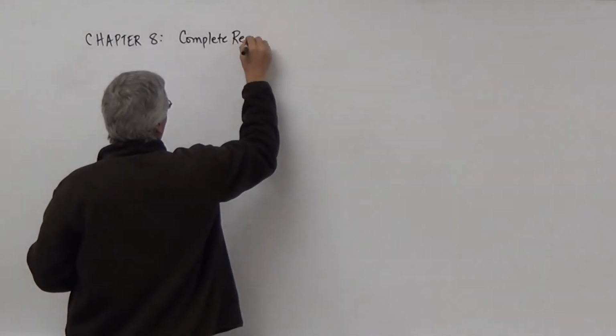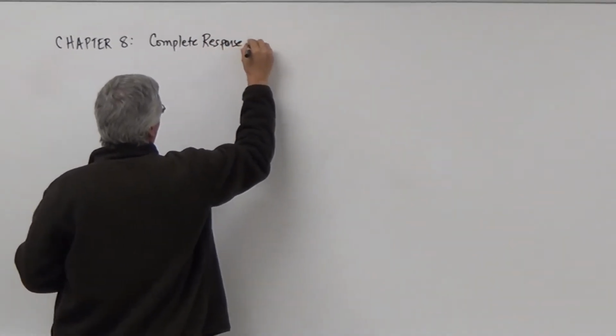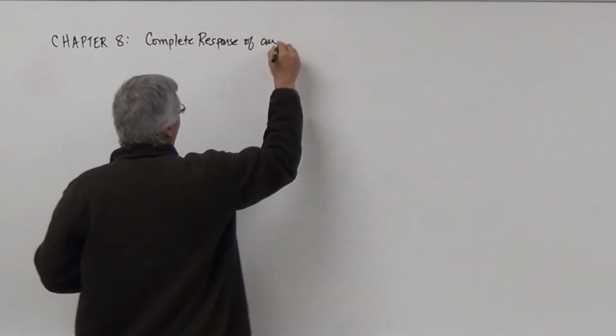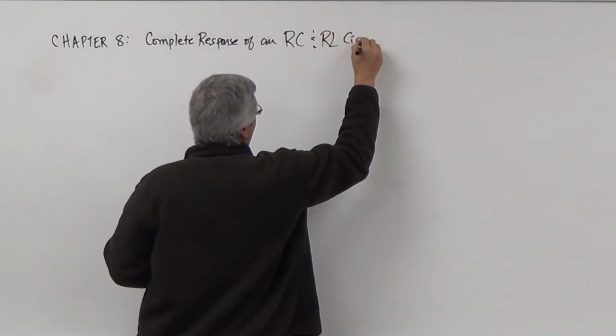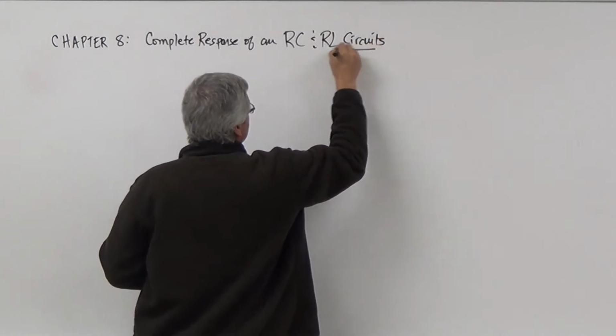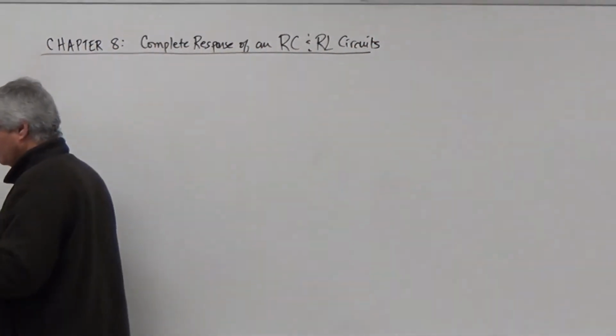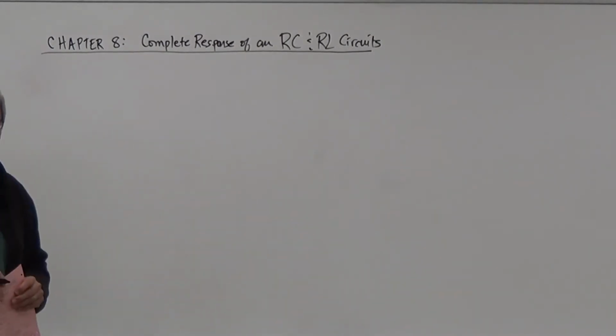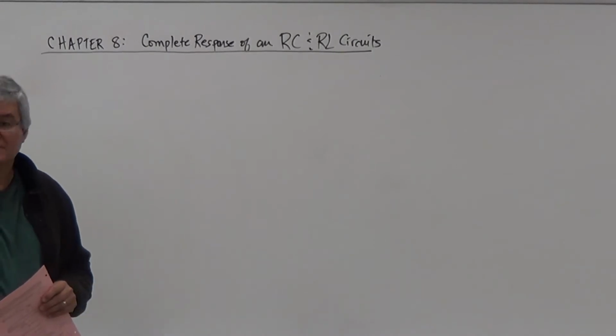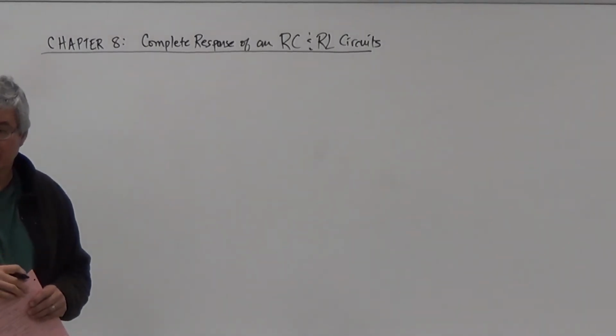So here we go. Now we're going to look at the complete response of an RC and RL circuit. What I verbally said here is that there's two types of circuits that we're going to be dealing with.